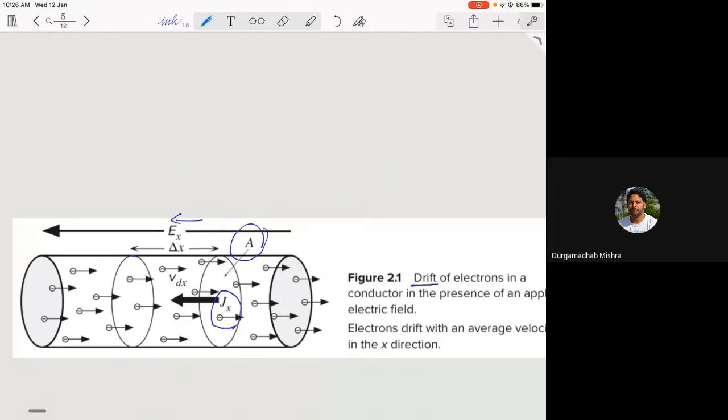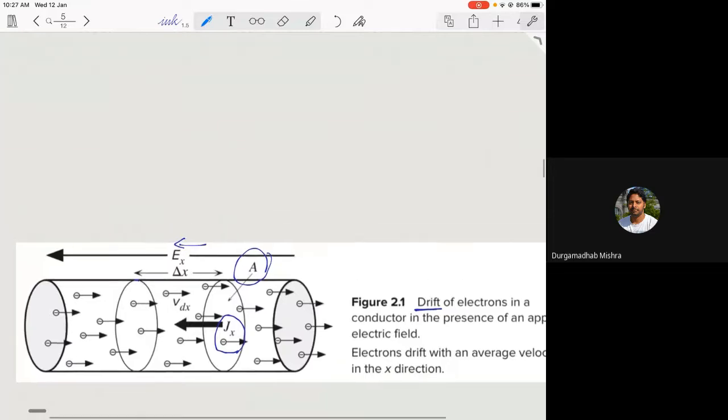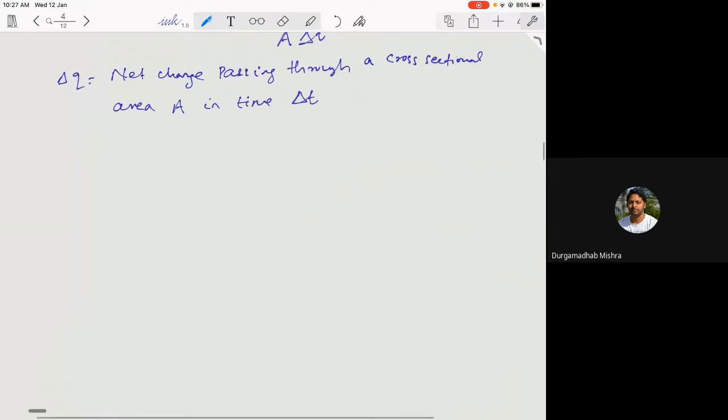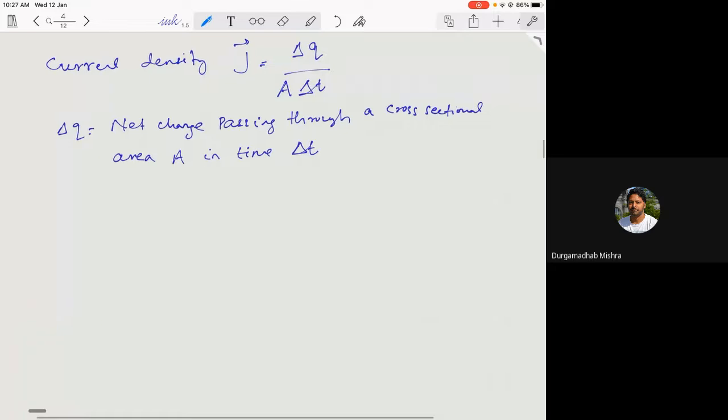When you apply electric field E, the electrons will drift due to the applied electric field, and this drift you can represent by a drift velocity.